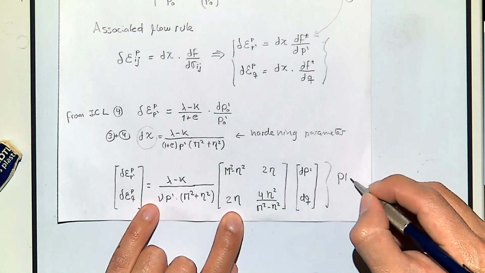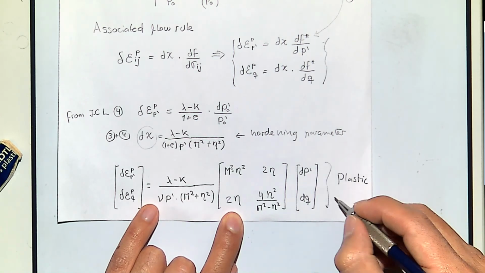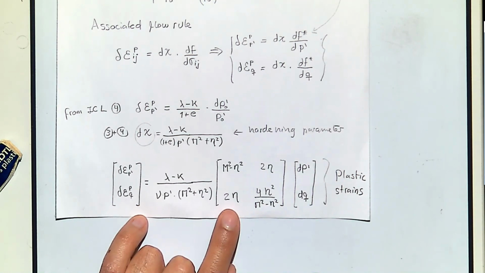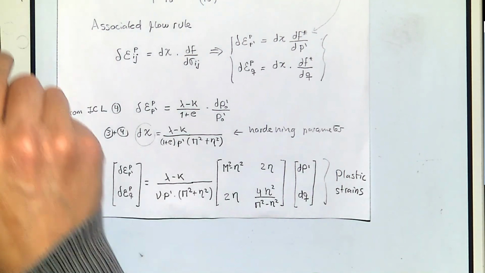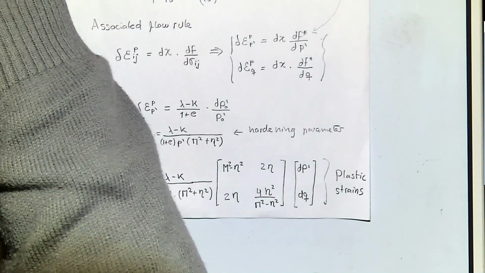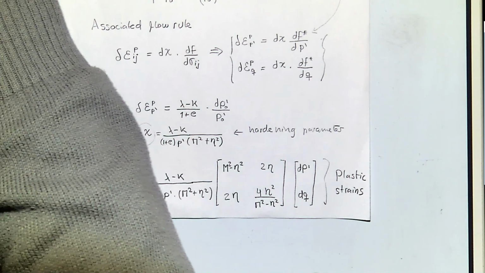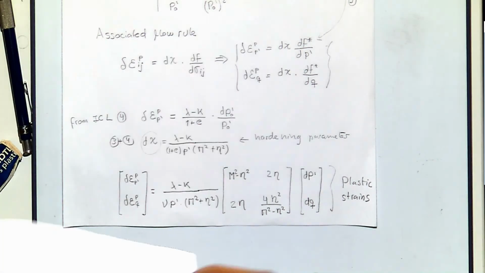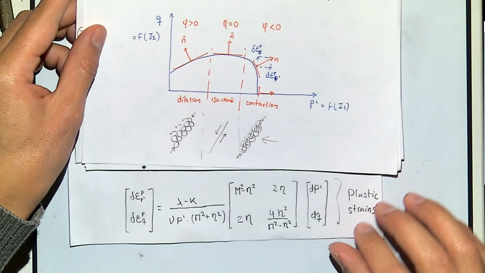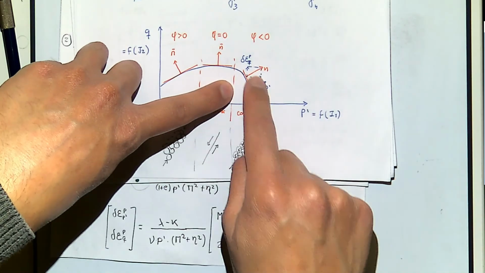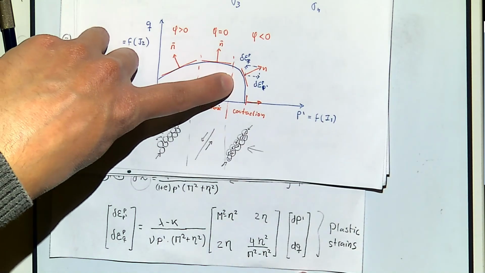And these are going to be the plastic strains. And now that we are in the plastic part, we start to capture this part, at least for this part of the yield surface.